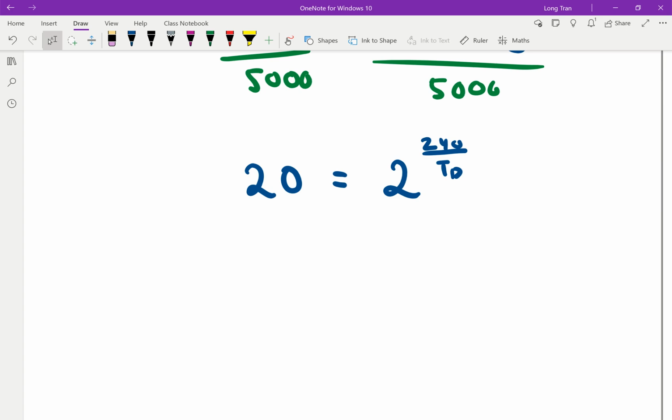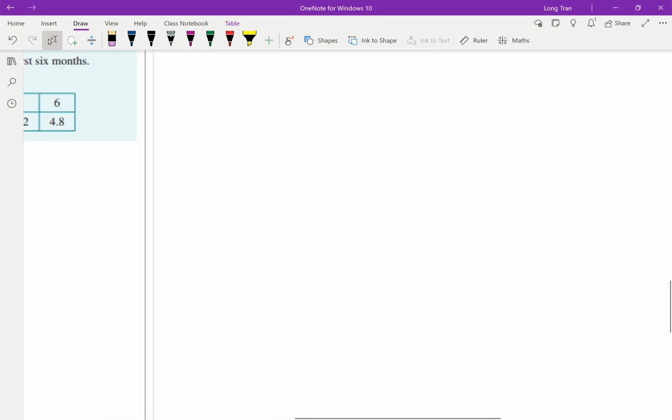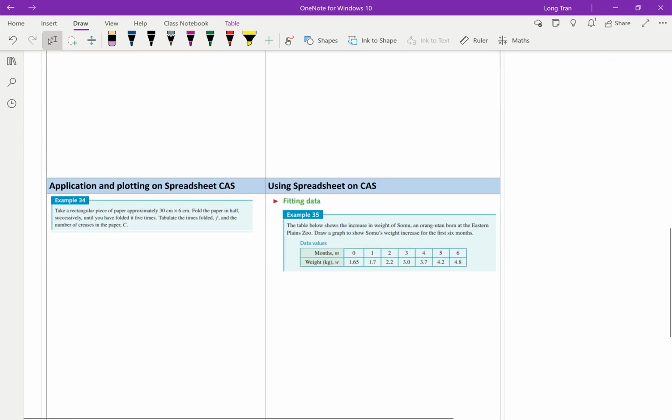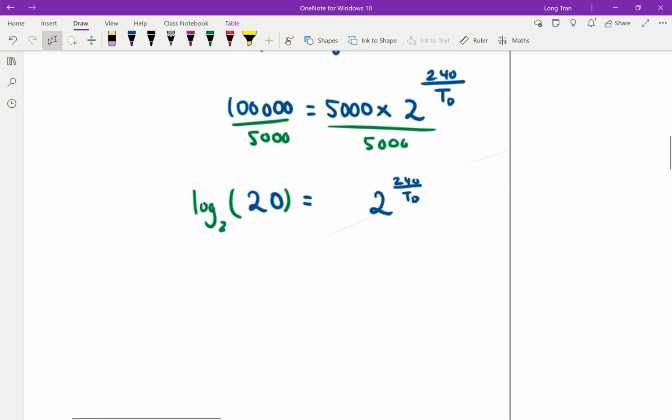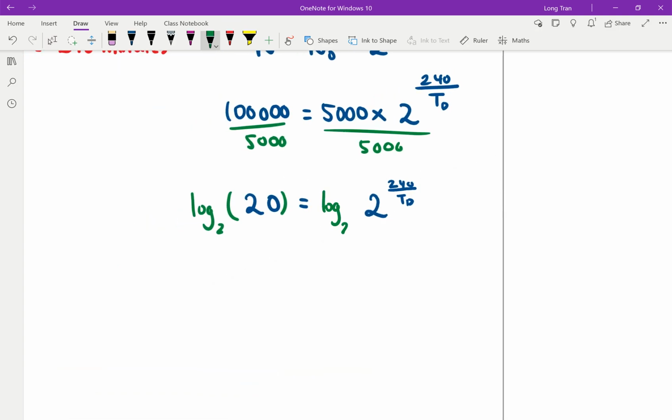So I'm going to do logarithmic base 2 on the left, and also on the right-hand side. This gives me log base 2 of 20 is equal to, and these two cancel out, leaving 240 over TD.